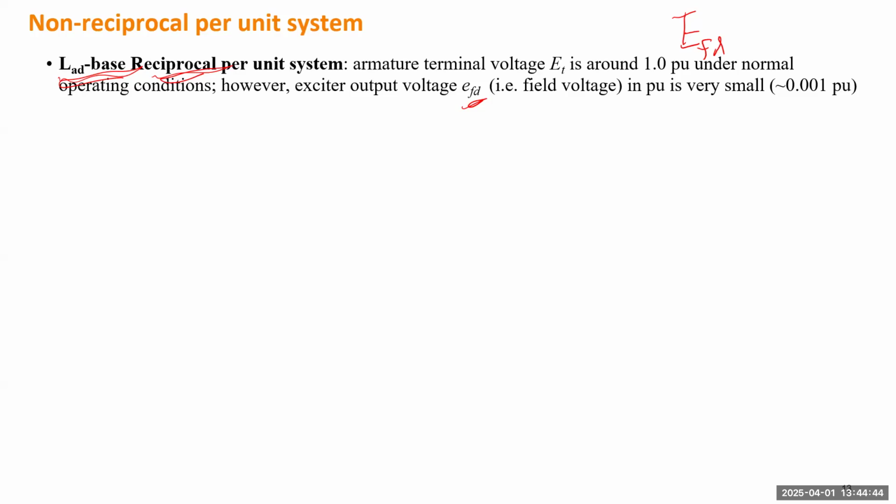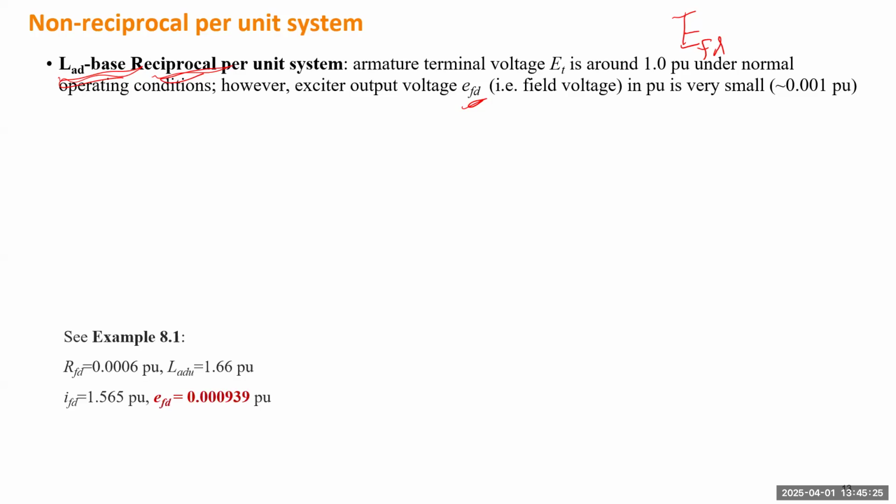You want to keep all the computation away from that precision level. For example, in MATLAB the precision level may be 10 to the negative 16 or 24 or 32, I don't know, but it's a very small number. But you deal with a lot of generator variables, and their actual values in per unit are very small. That actually increases the error for each numerical step. So you want to translate every variable into a range near 1. That would be ideal.